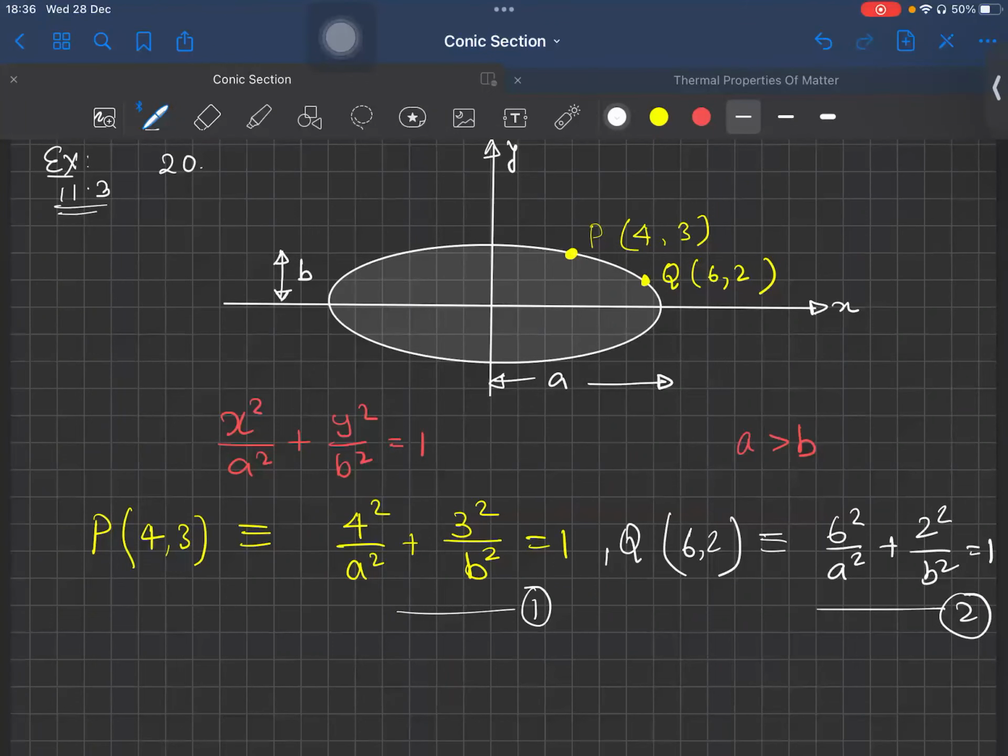Yes, Hari, how much are you getting for A square and B square? B square I got is 13, sir. Okay, B square you are getting 13. And A square? Doing, sir. Wait, sir.